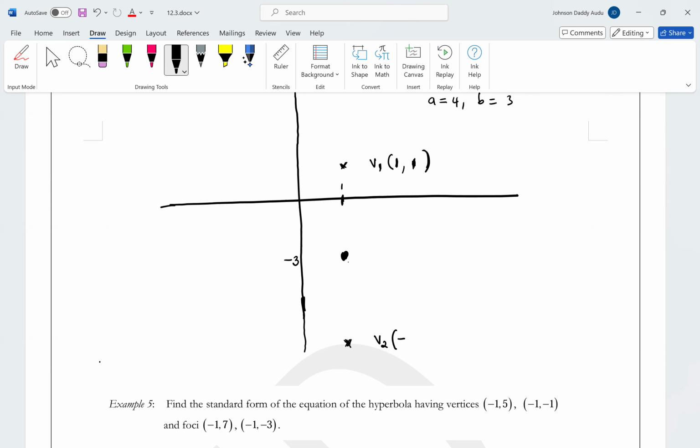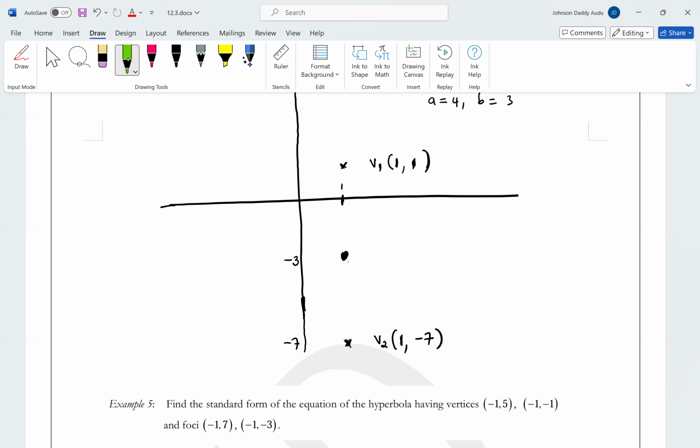The second vertex, look, the x value is still 1. But the y value, here we have minus 3. If you come down a distance of 4, it's going to be minus 7. So this is minus 7. So these are our 2 vertices. So let's write this as minus 7.